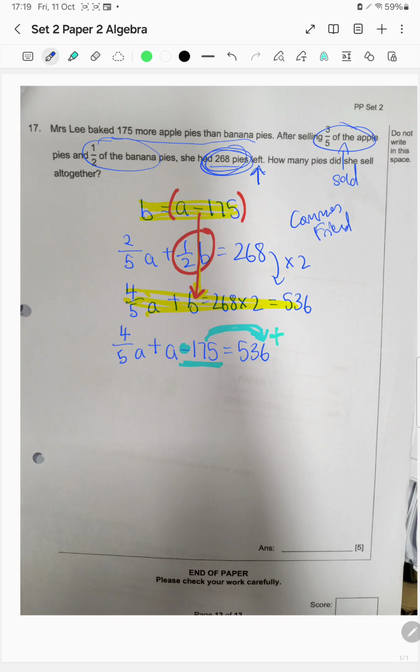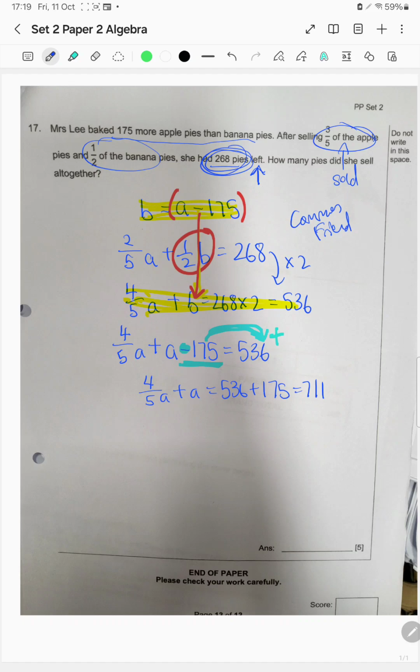So in this case, it will be 4/5 A plus A equals 536 plus 175, and that will give you 711, okay.